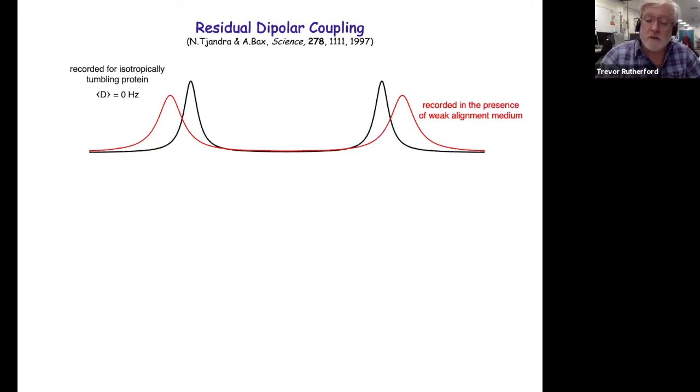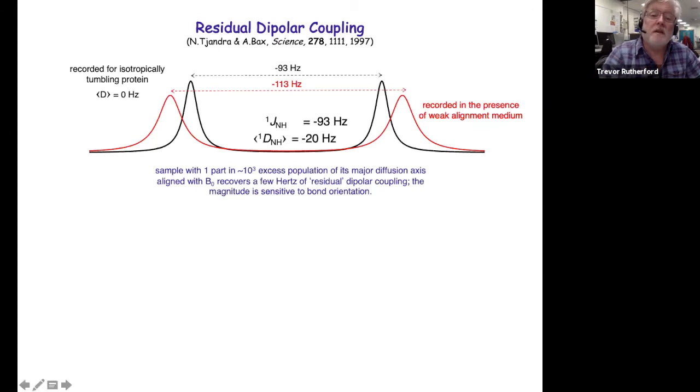If we're careful about the way in which we put the alignment in, you can get about 1 part in 10 to the 3 excess population of the major diffusion axis aligned with the B0 magnetic field. That recovers a few hertz of dipolar coupling, referred to as a residual dipolar coupling, that then increases the separation of these two spins.